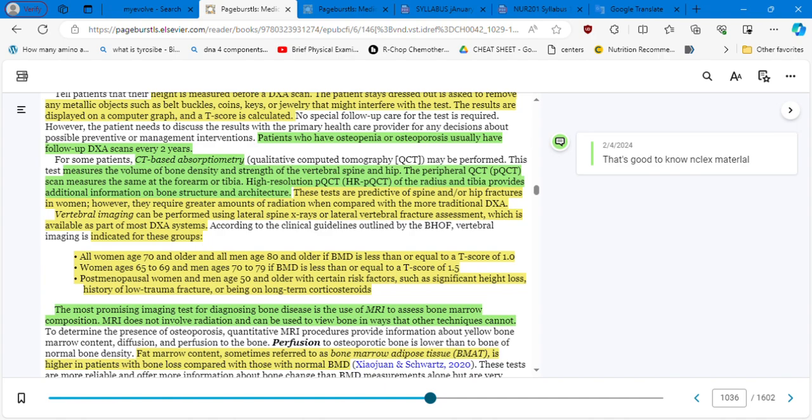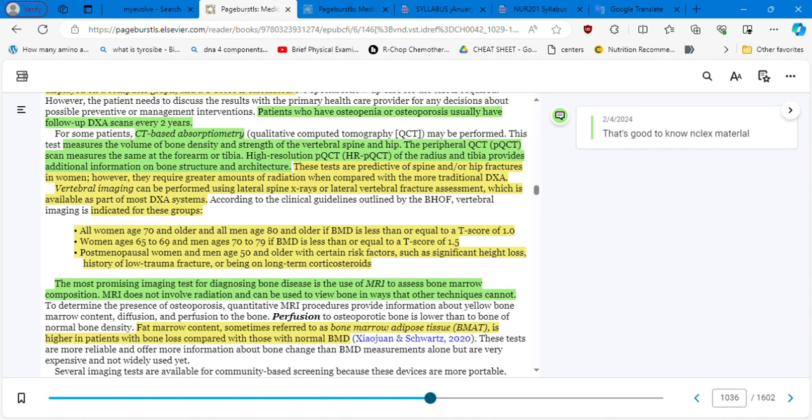However, they require a greater amount of radiation when compared with a traditional DEXA, and that is the reason why I'm taking my time and letting you know this. So DEXA has less radiation, a chest X-ray has more radiation than DEXA, and this type of CT test, the high resolution peripheral QCT, also involves a much greater amount of radiation.